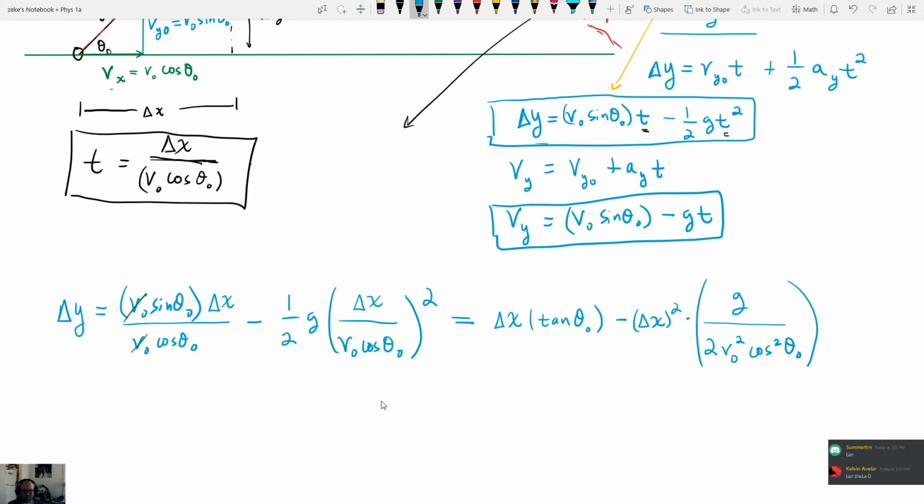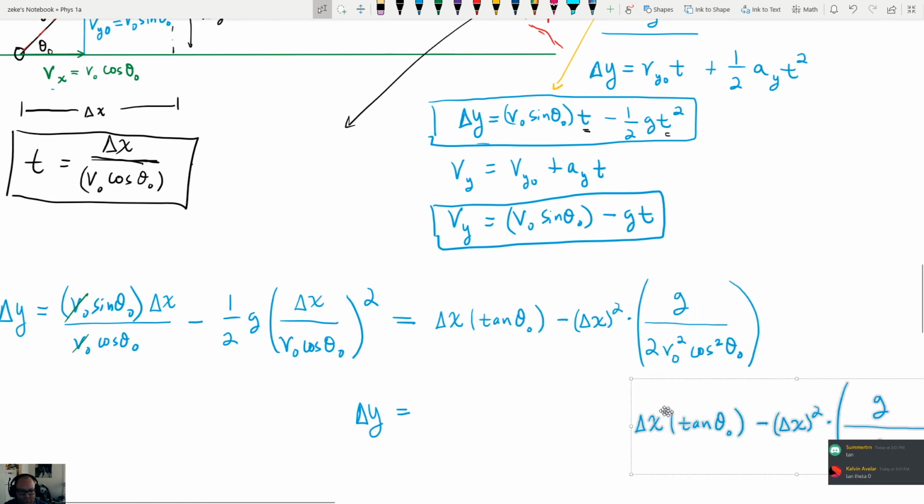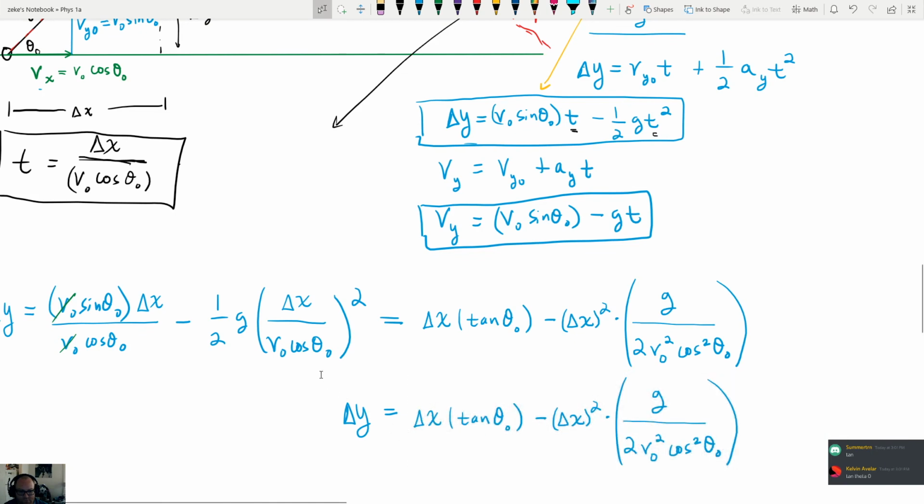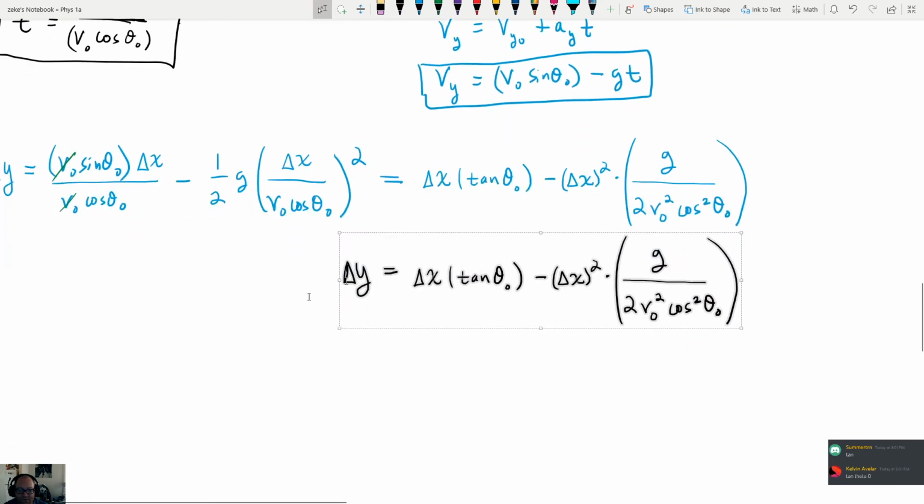All right, so that's our expression. All of that is equal to delta y. Delta y is equal to all of this stuff right here. Let's write this final equation here in black or something like that.